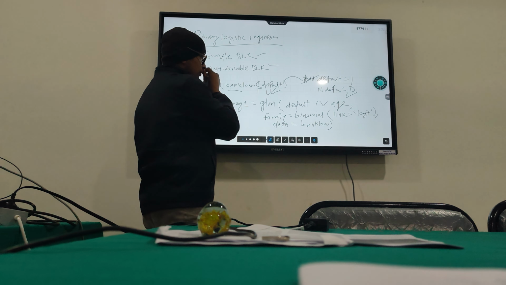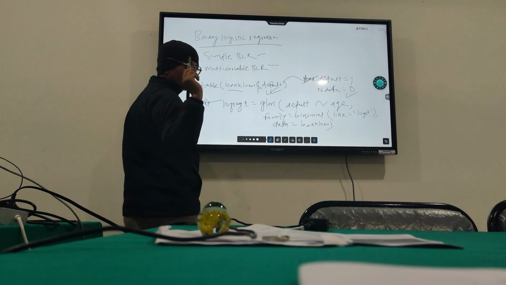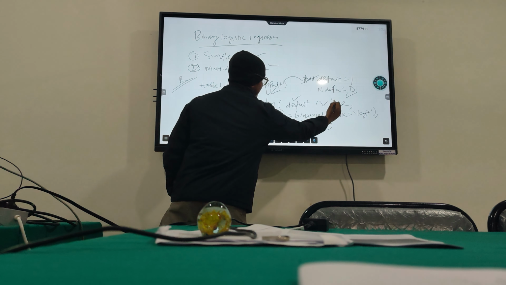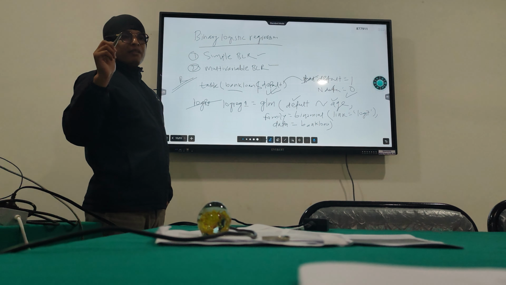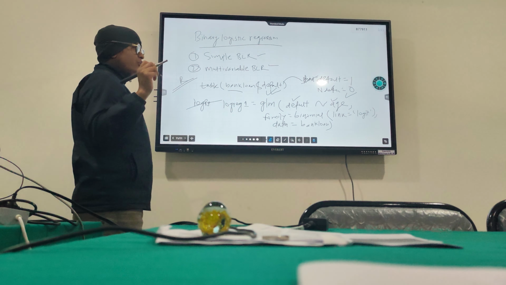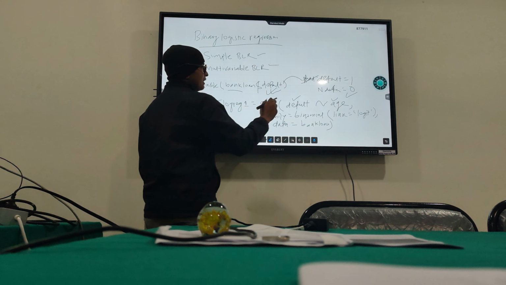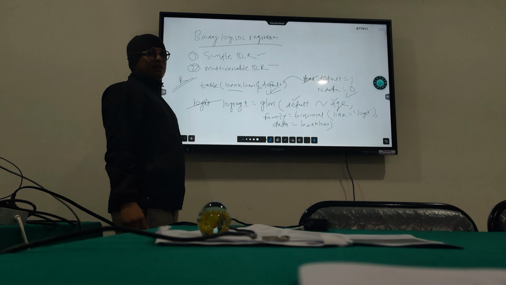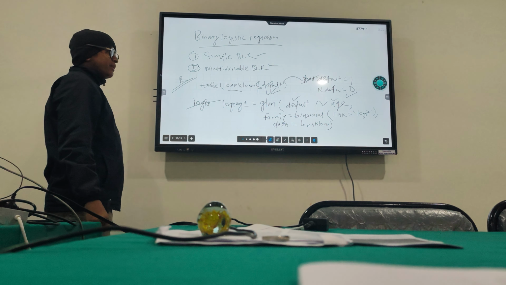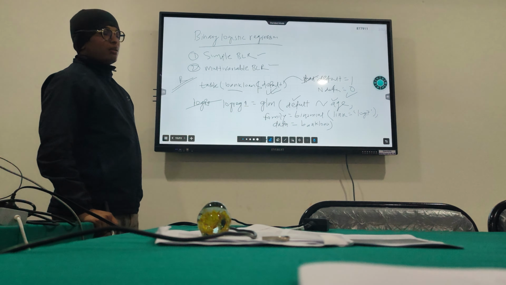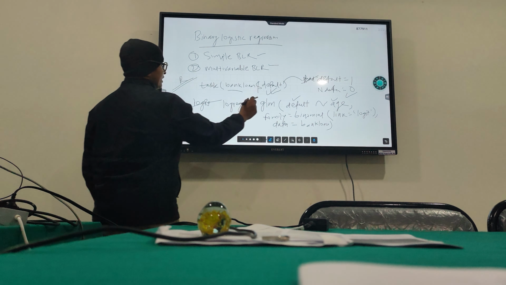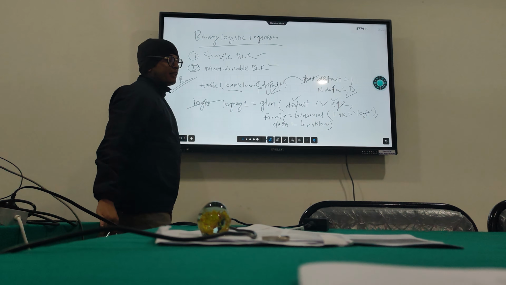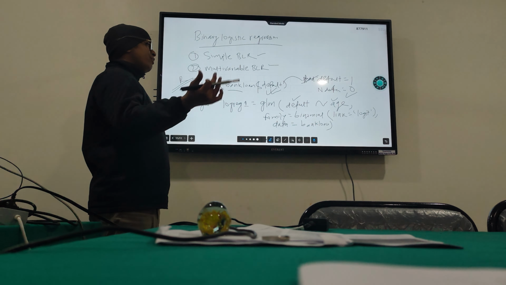So from the bank loan data set we are extracting two columns. One is default, which is binary, 0 and 1, and age, which may be a continuous or categorical independent variable. So this is the dependent variable, and this is the independent variable.